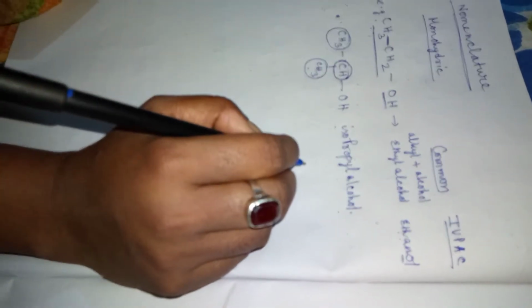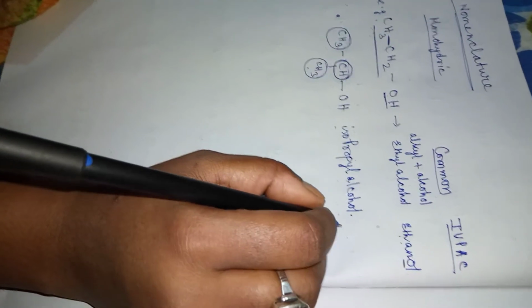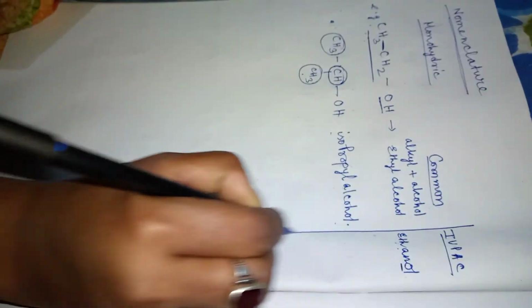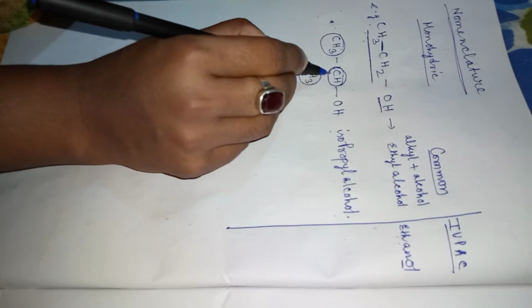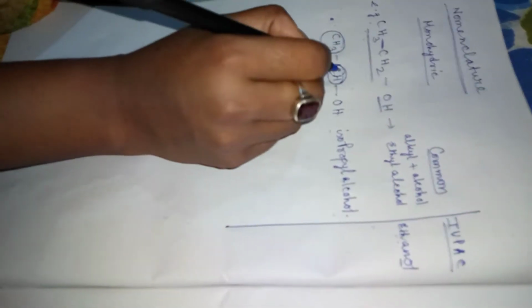And what is the IUPAC name? The carbon which contains the functional group OH must get the nearest number.